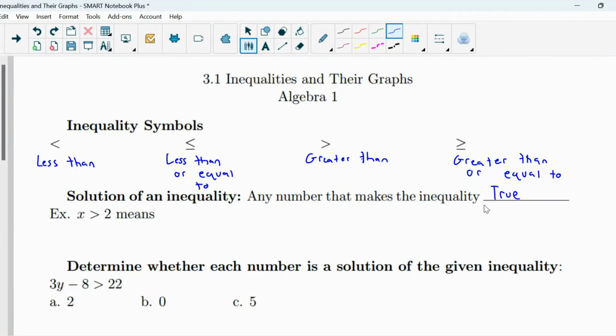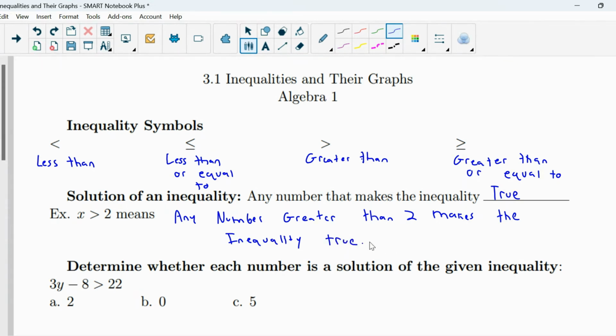So if we have our example, x is greater than 2, this means that any number greater or larger than 2 makes the inequality true.